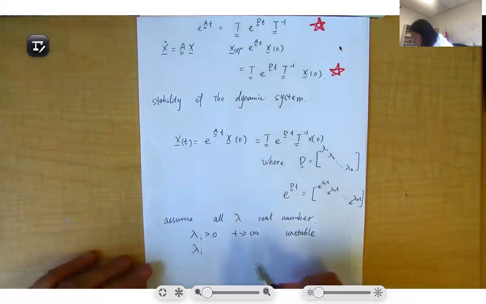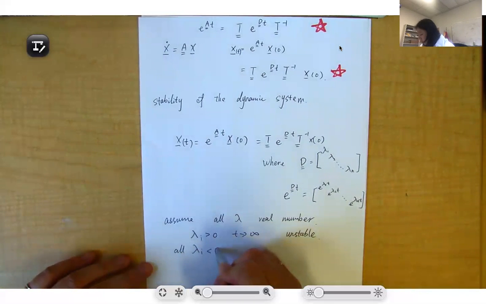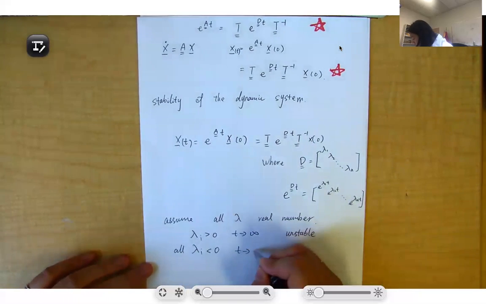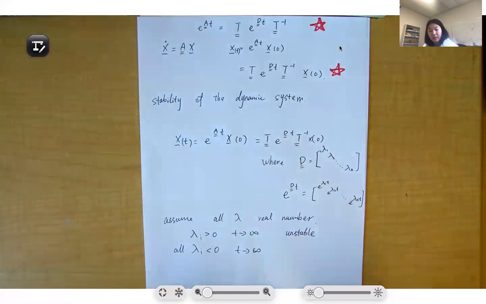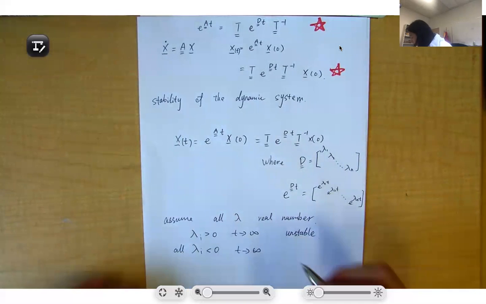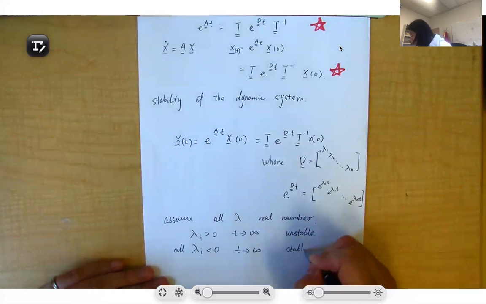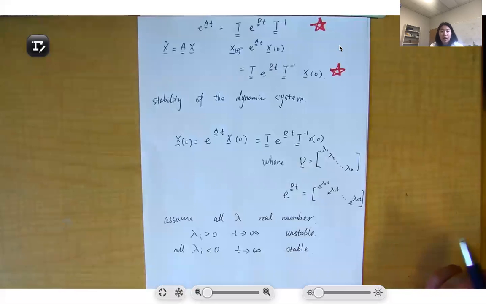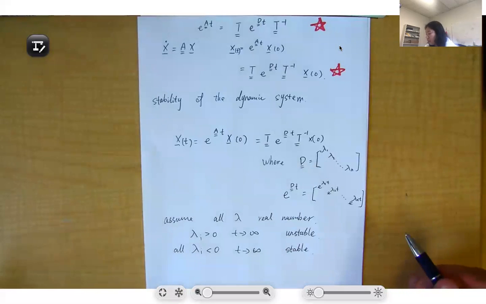But if all lambdas are smaller than zero, as t goes to infinity, e to the lambda t will go towards zero, then it will be stable. So this is how you decide the stability of a dynamic system with a continuous function.